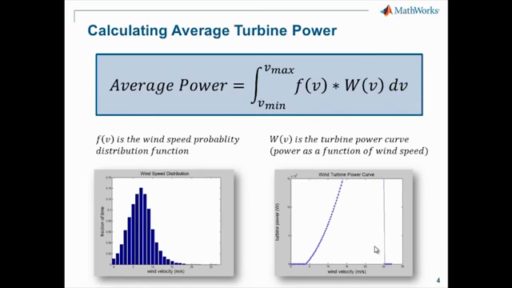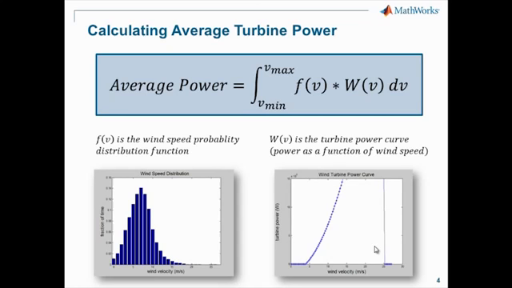The next thing I want to talk about is how I'm going to go about calculating the average turbine power. What you see here is an integral. I have to integrate over the velocities the probability distribution function of the wind speed times the turbine power as a function of velocity, from the turbine power curves, and those are generally supplied by the vendor of the turbine.